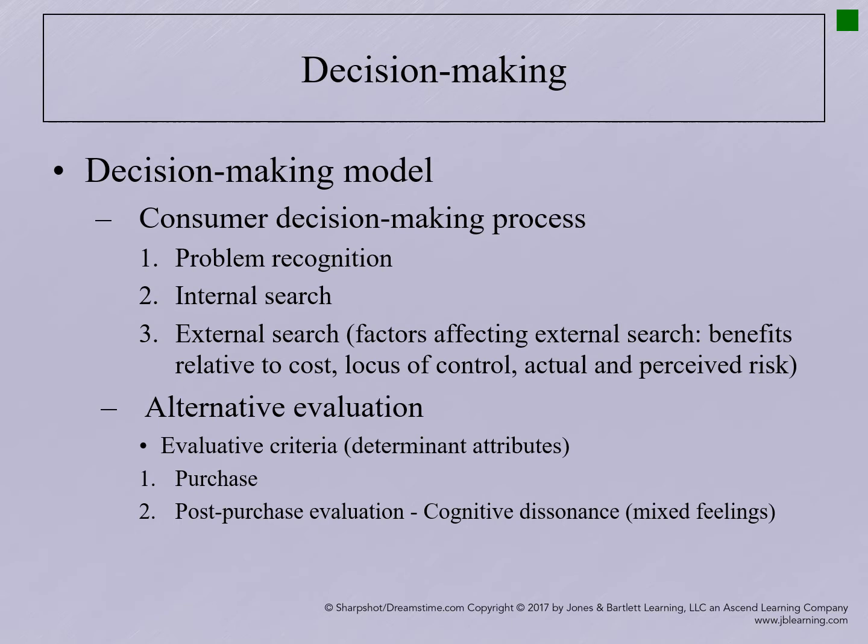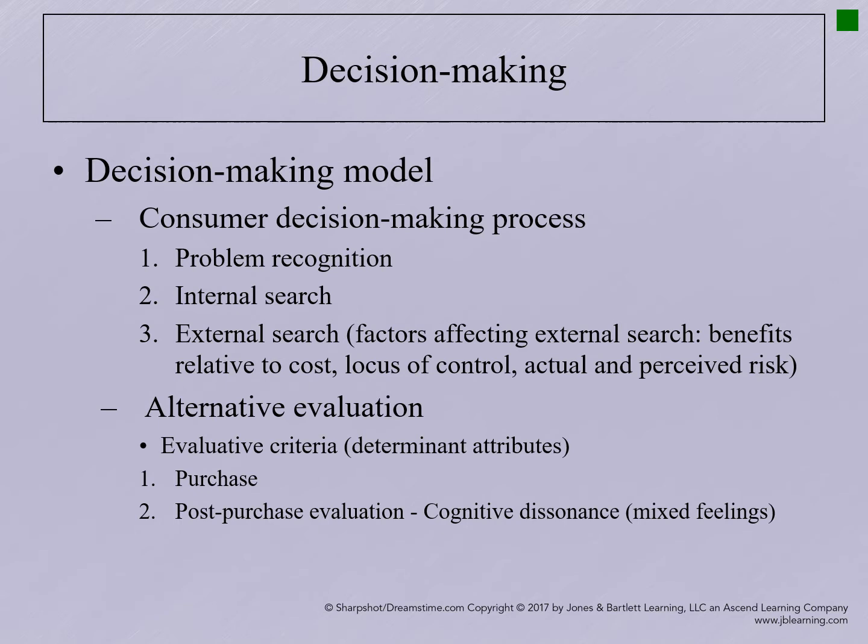First they recognize they have a problem. They do an internal search and they do an external search. External factors include relative benefit to cost, and locus of control. If you have an internal locus of control, you're someone making decisions for yourself.